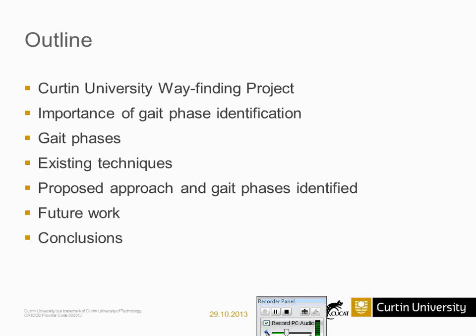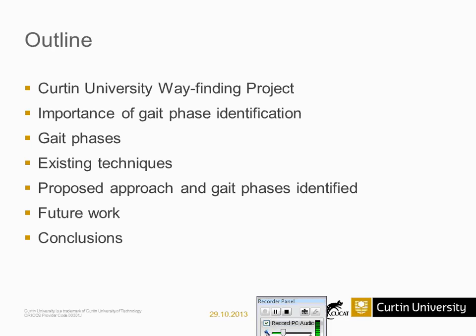This is my outline. I'll first speak about Curtin University's wayfinding project, what it is, as this work is a part of that project, and the importance of gait phase identification in these applications, wayfinding and others, and the gait phases that we have.